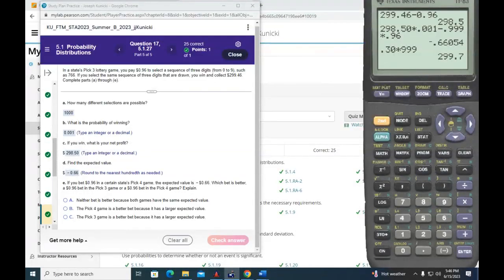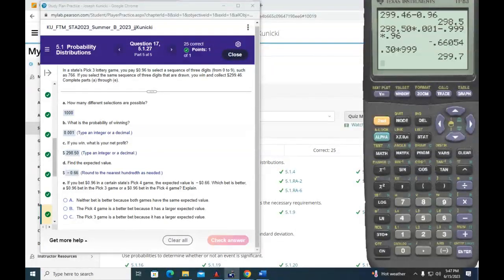So that's the expected value. You can see it depends on whose perspective. From the perspective of the player, we came out with minus 0.66. That means that every time you buy a ticket, you can expect to lose 66 cents. Now, you don't actually lose exactly 66 cents on one ticket. It's the law of large numbers.